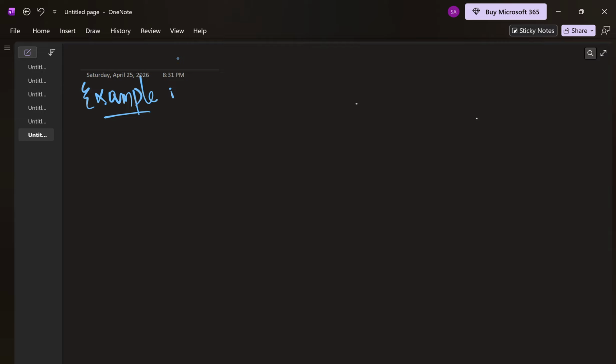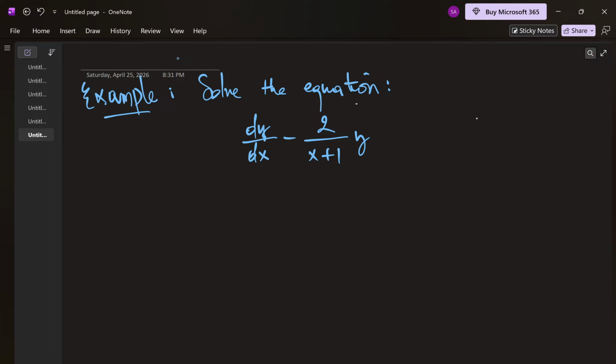Solve the equation: dy over dx minus 2 over x plus 1 times y is equal to x plus 1 to the power 3.